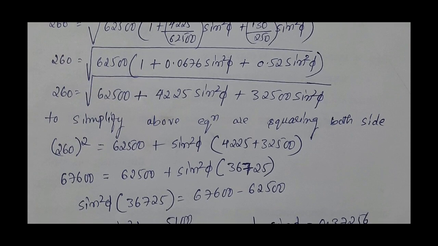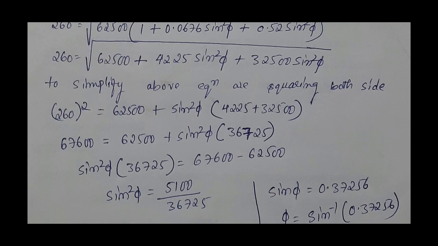Left hand side, squaring 260, gives 67,600. That is equal to the first term, 62,500 as it is, plus sine square phi times the sum of these two, 36,725.